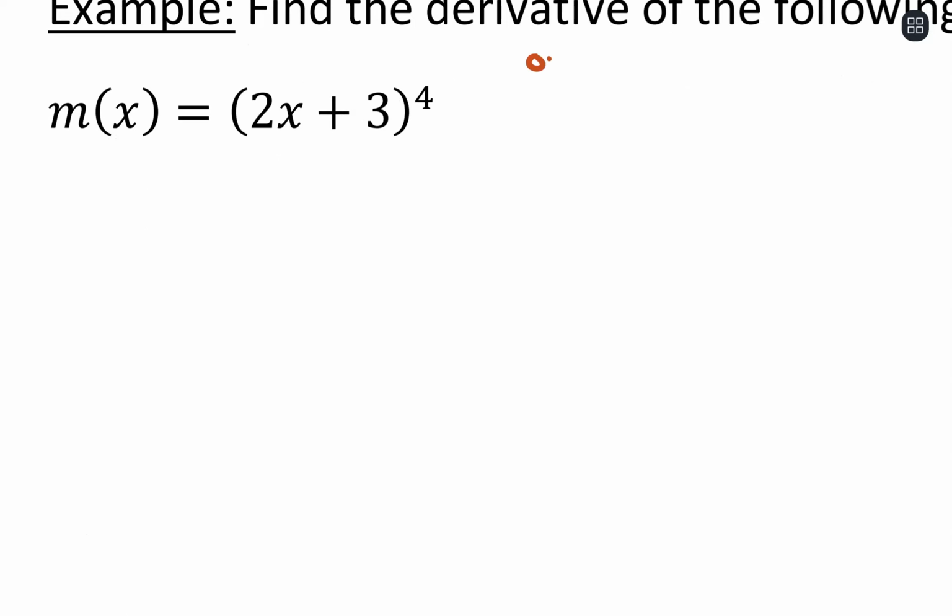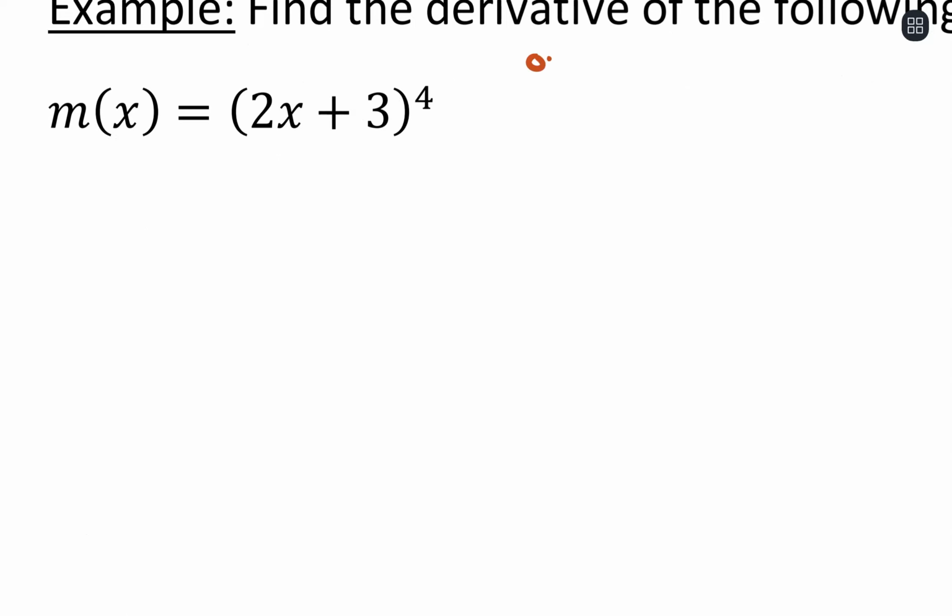what I'm going to focus on is the outside. So this idea of raising something to the fourth power, what happens when I take the derivative of something raised to the fourth power? Well, the 4 comes down, we keep that base, and then for that exponent, we go 4 minus 1, and that's a 3. Now the base that we're keeping is this whole function, 2x plus 3.